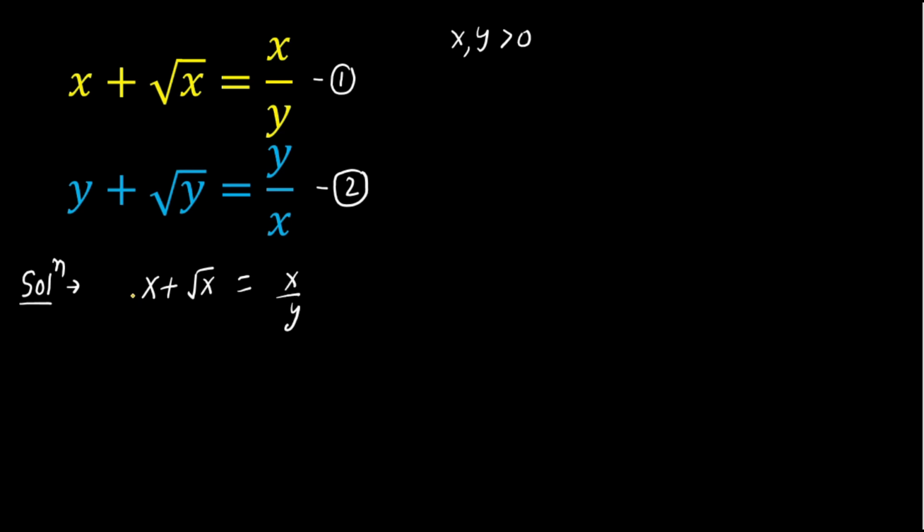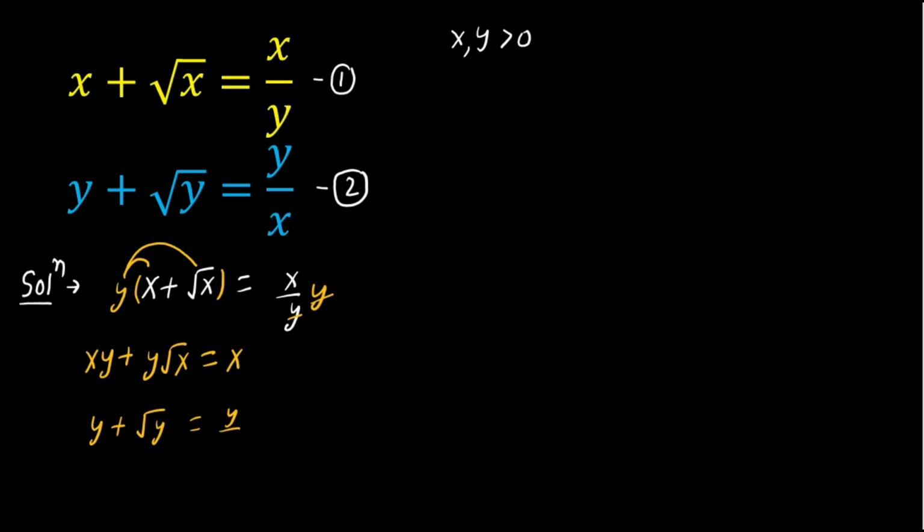Now equation first is x plus square root of x equals x over y. If we multiply both sides by y, then in the left hand side y is multiplied by x, giving x times y, plus y times square root of x, and this equals x, because y is cancelled out by this y. And equation second is y plus square root of y equals y over x.